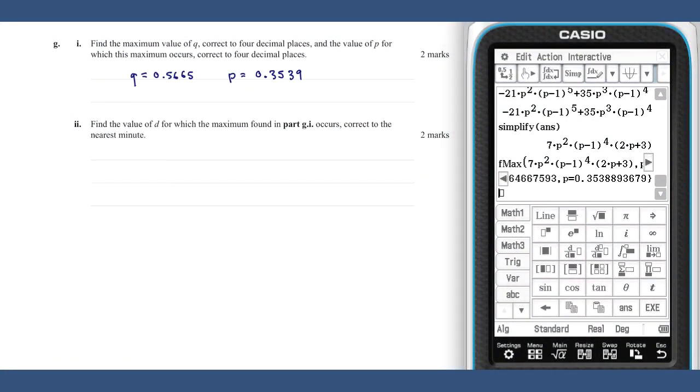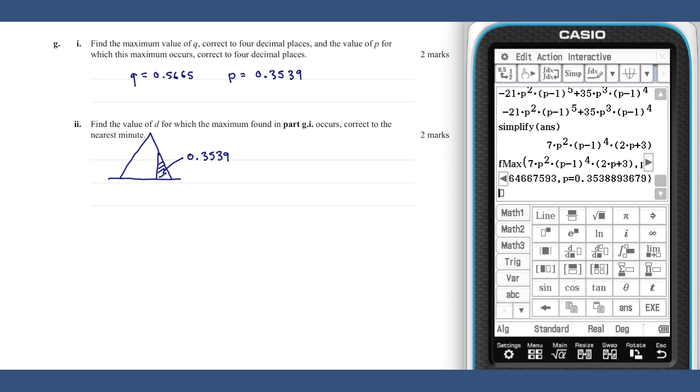G part 2. This brings us back to the distribution of T. Now we're asked to find the D value that corresponds to the probability found in part 1. In other words, this area is our p-value 0.3539, and D is the cutoff for which this area occurs.